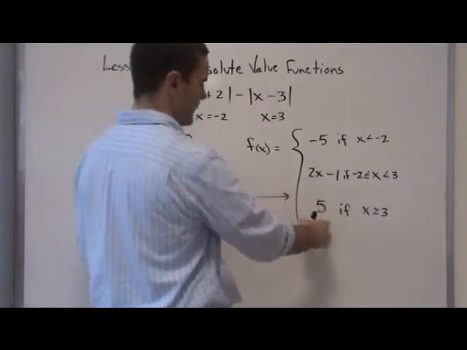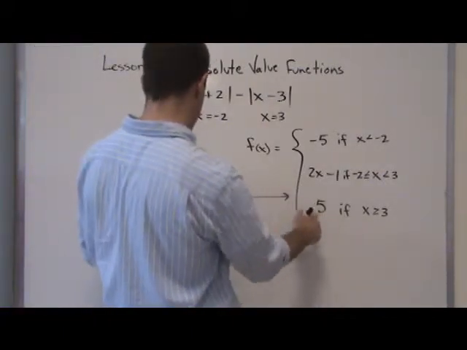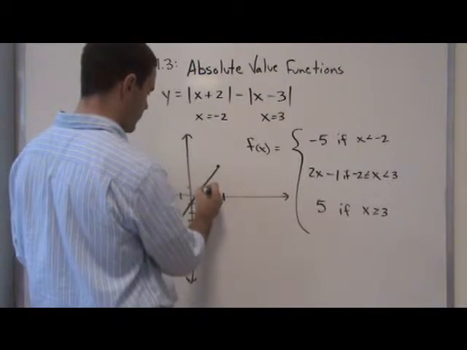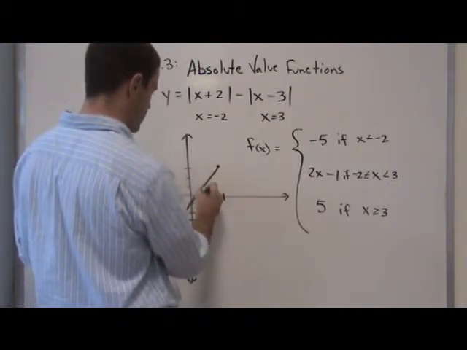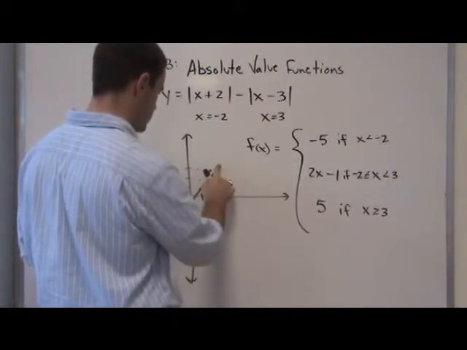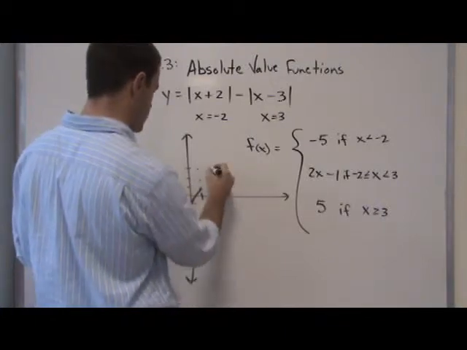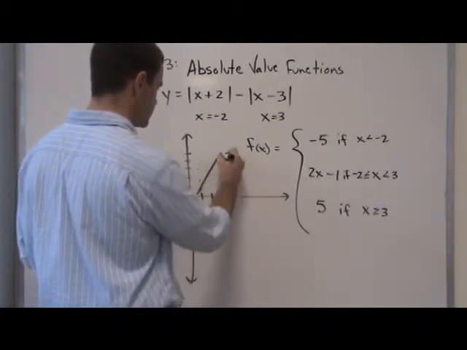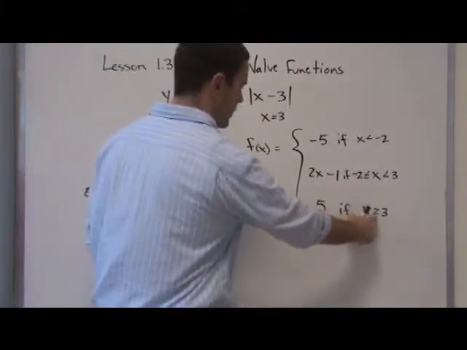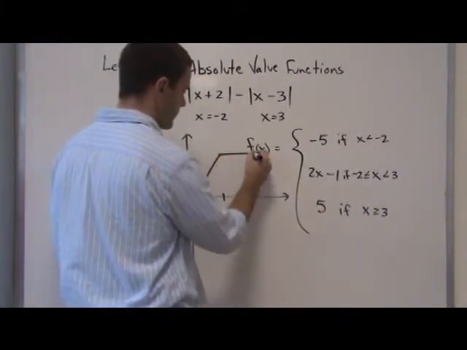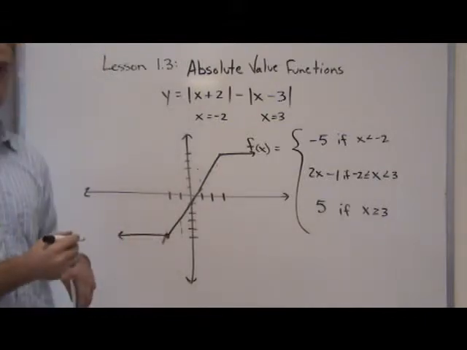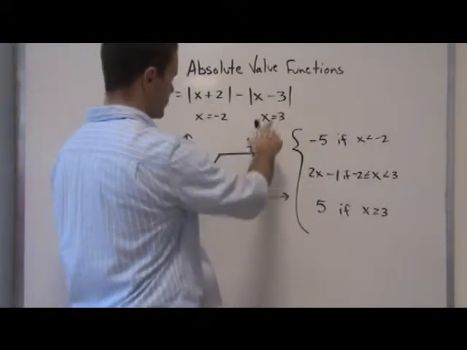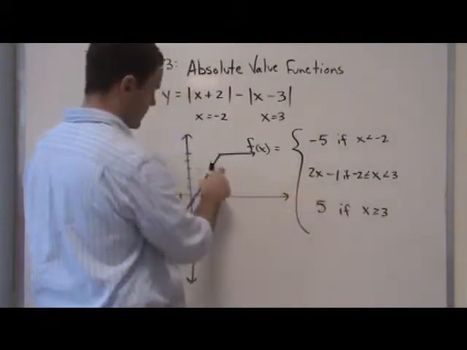So that line right here, and then it goes up to 5, so if I did my math right, 1, 2 over 1. There we go. And you see, then at greater than or equal to 3, it's 5. So you see our function? Absolute value function, we got it all pieced together, we graphed it.